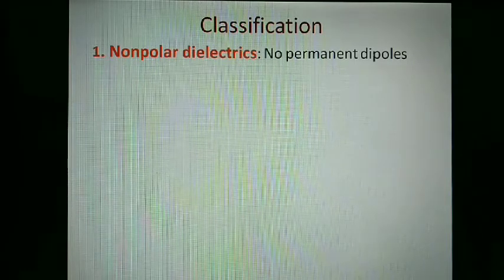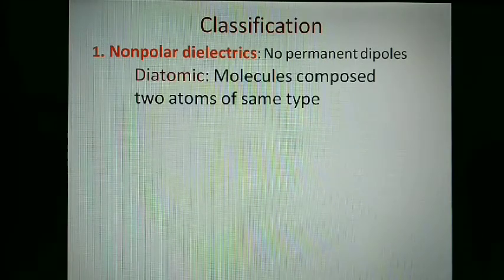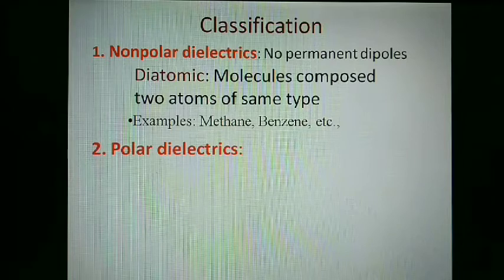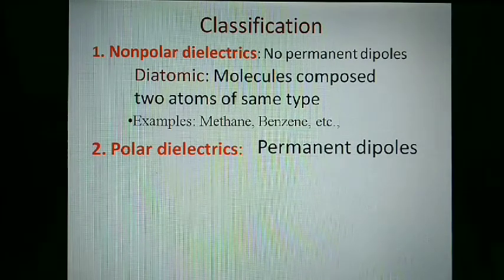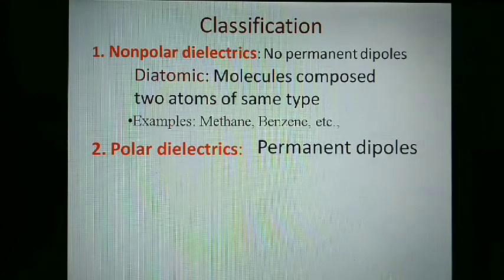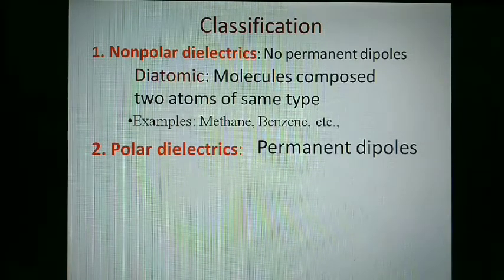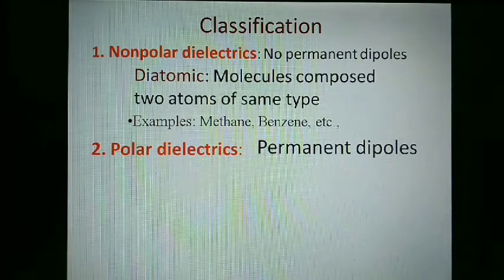And the second classification, I was saying that it is the polar dielectric. In these polar dielectric materials, permanent dipoles exist, even in absence of the external electric field. But these dipoles are randomly oriented in absence of the electric field.